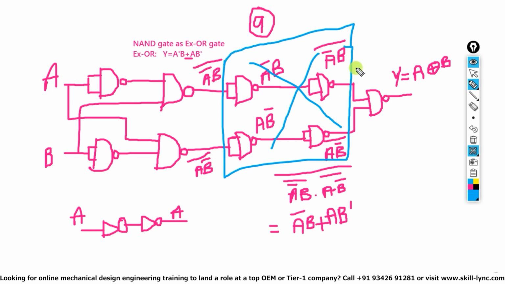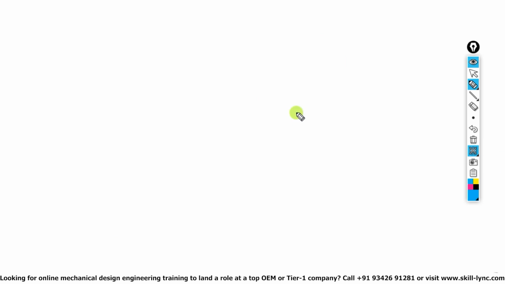Then whatever the remaining thing is, let's check whether we get the same result. So I am making the exclusive OR gate using only 5 NAND gates.